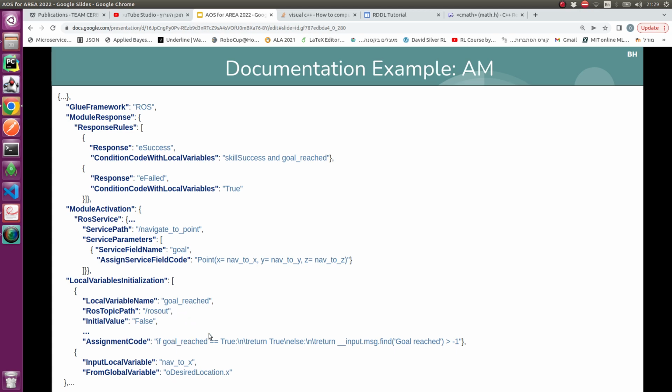And we can define a function on the input. In this case, if goal reached is published, then this variable receives true, and then you can build a condition that returns the success observation. We also describe how to actually activate the robot skill, and this is designed for ROS, so how to activate a ROS service, which is a skill, and you can use parameters which can also be local variables taken from the abstract model.